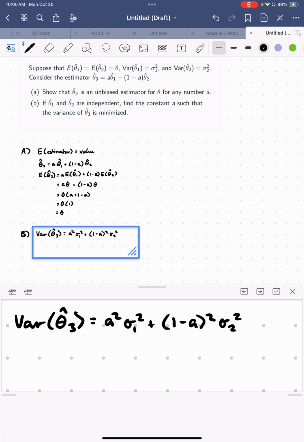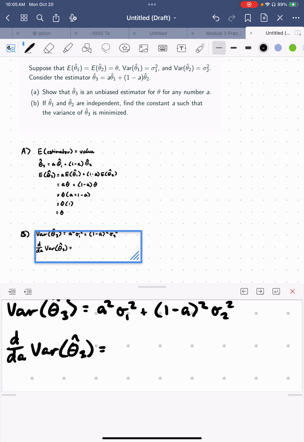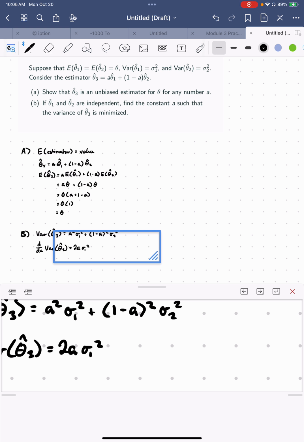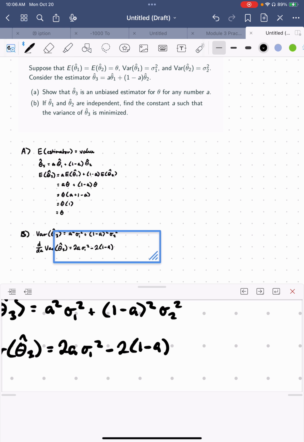So we can find d/dA of our variance of theta hat 3, and then we can find the derivative here, so that's 2A sigma 1 squared plus, or so this would be negative 2 times 1 minus A sigma 2 squared, and then we're going to set this equal to 0 to find the minimum.